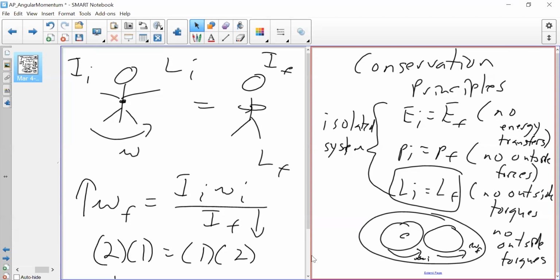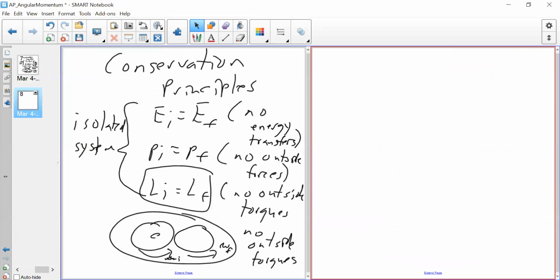All right, let's do an example from chapter 11. First example there, I'm going to do example 11.7, formation of a neutron star, page 322.